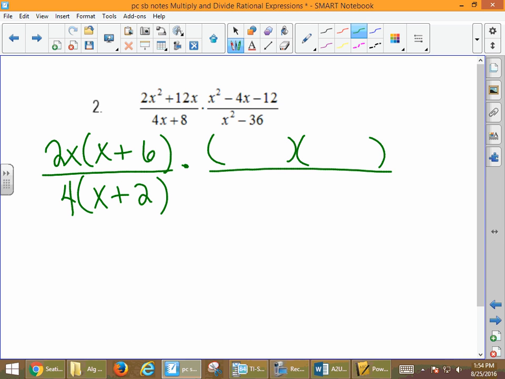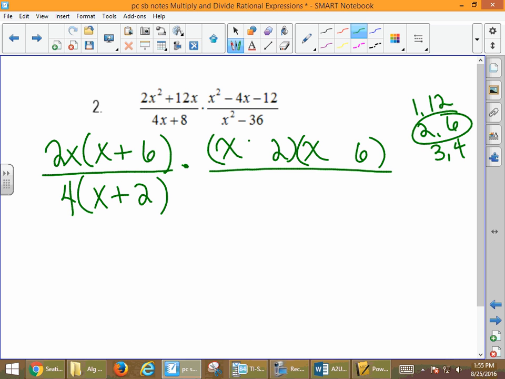And as we look over here at x squared minus 4x minus 12, nice that there is no number in front of the x squared. So we're left with x and x. Factors of 12 that combine to be 4: 1 times 12, 2 times 6, 3 times 4. It looks like 2 and 6 are going to work for us.